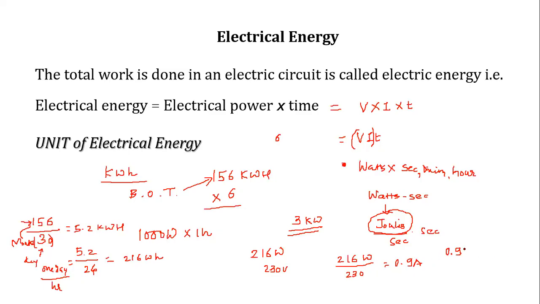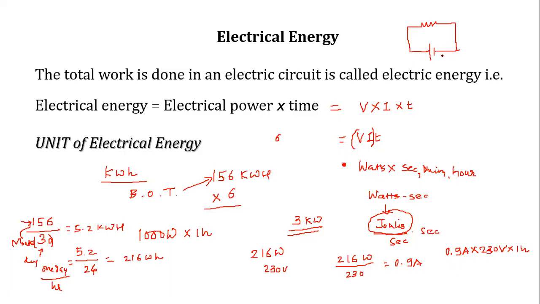When 0.9 ampere current flows through a device which has a voltage across it of 230 volt, and it operates for 1 hour, let me draw a simple circuit so that you get what I'm trying to explain.